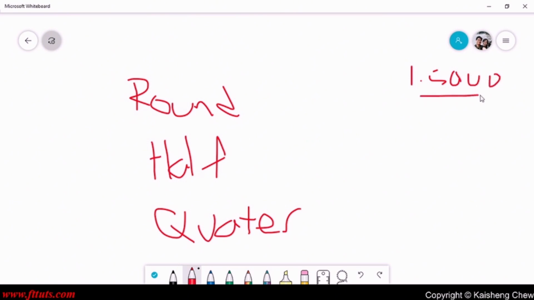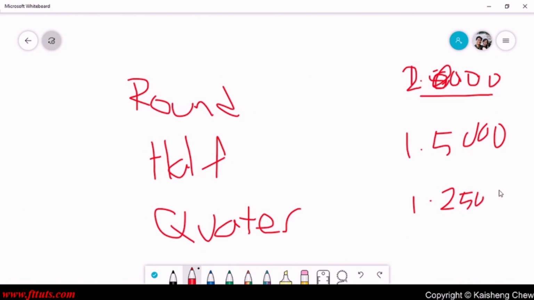This is considered a round number. Half number: if 2.000 is the round number, the half number is 1.5, and the quarter number is 1.25.